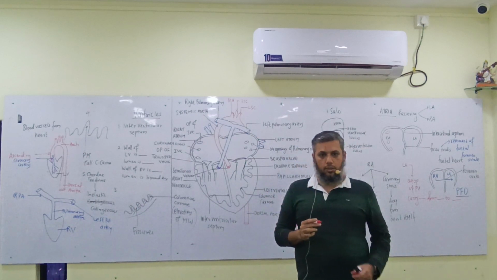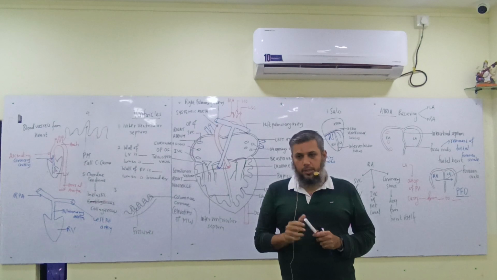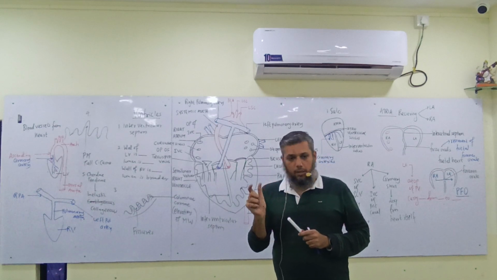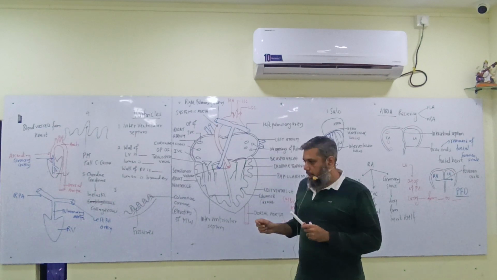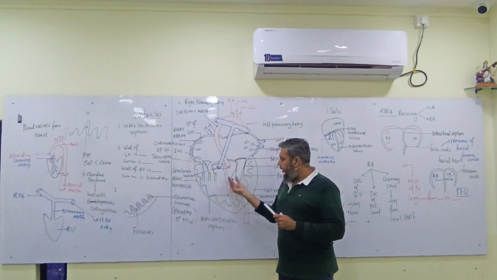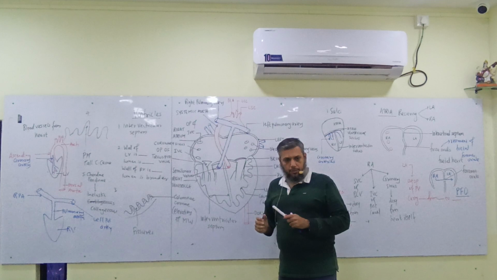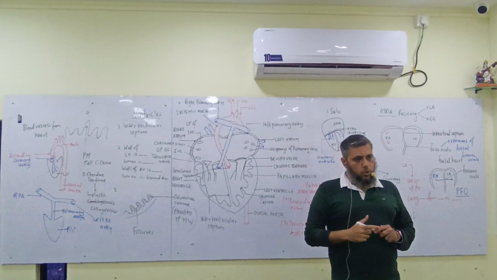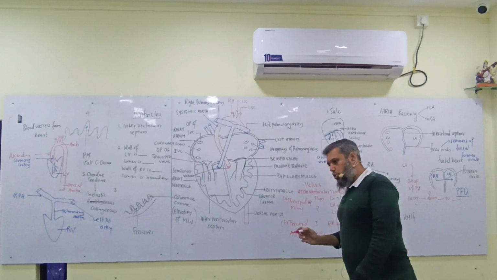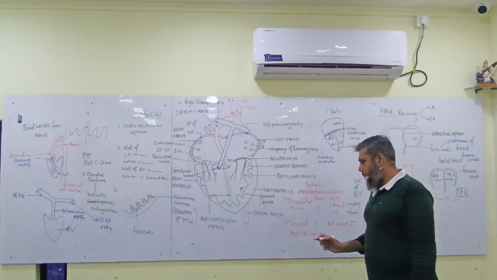Moon is called lunar. They are half moon shaped. That is why they are called semi-lunar valves. They allow the blood to go from the ventricles into the aorta, and they prevent it from flowing back. Okay. So aortic valves are also called semi-lunar valves.